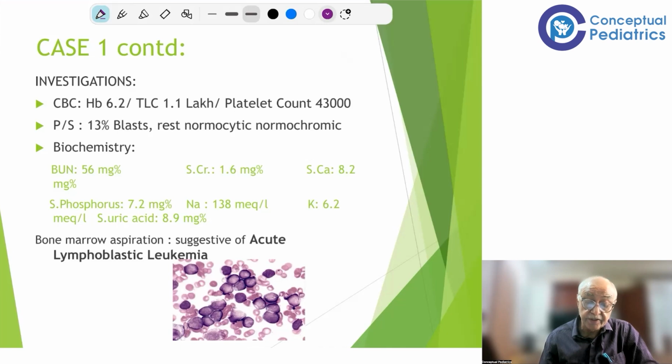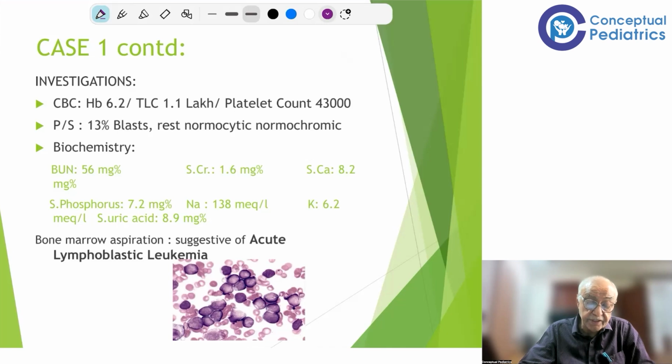So the TLC was much raised, with thrombocytopenia, a platelet count of only 43,000. The peripheral smear examination revealed 13% blasts, and the rest was okay. The RBC series was normocytic, normochromic, but 13% blasts were seen.